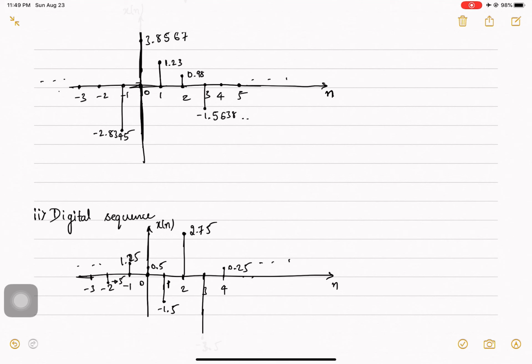There is a restriction. There is no value between 0.25 and 0.5. So the y-axis values also have a constraint that they should be integer multiples of 0.25. This is just an example. It can be multiples of 0.5 or any smaller number, like 0.05.